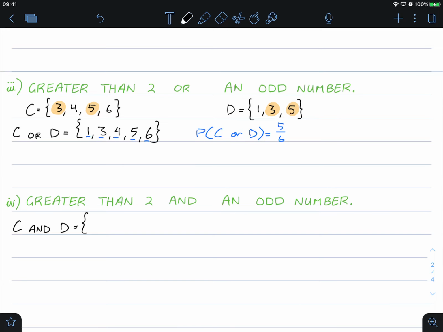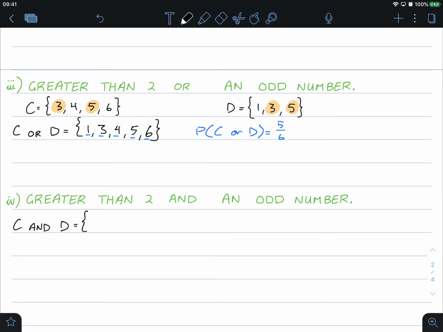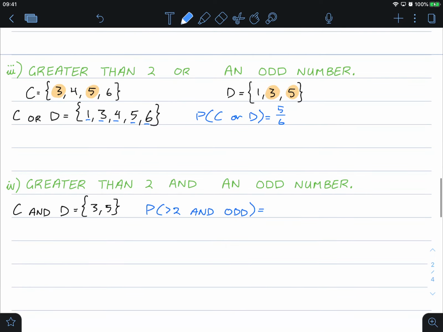Since 3 and 5 are the only two numbers common to both events, 3 and 5 belong to C and D. So the probability of it being greater than 2 and an odd number: there are two outcomes in this group, so 2 out of the total of 6.